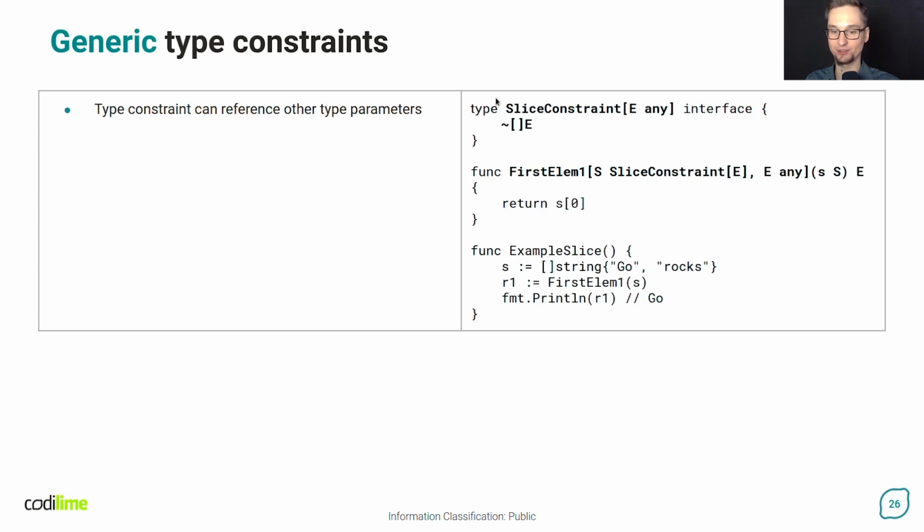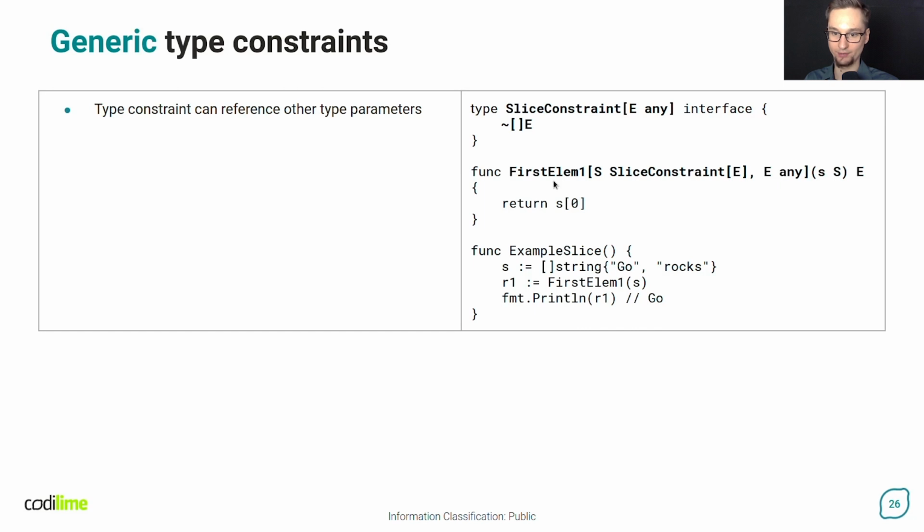And this slice constraint is basically a slice of these elements E. We also have this tilde sign here, so types that have an underlying type of slice of E also implement that constraint.